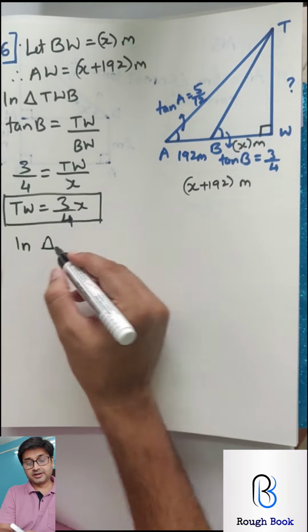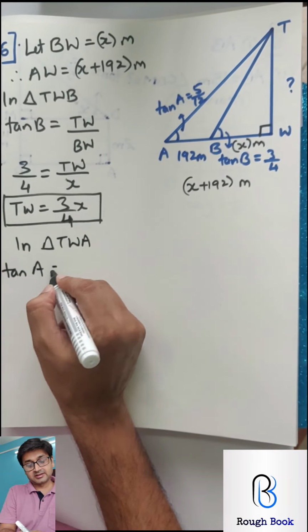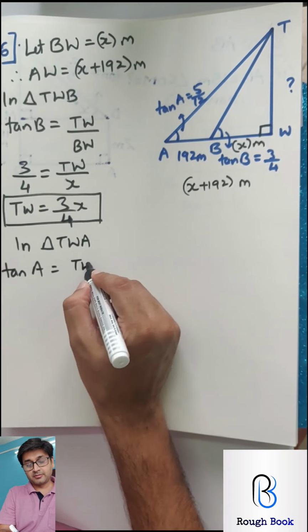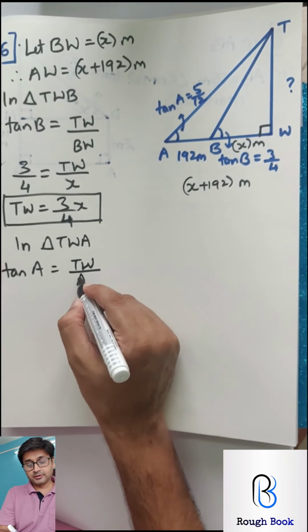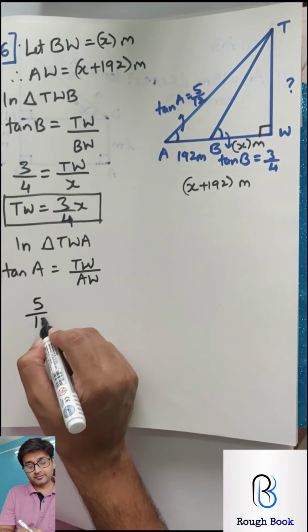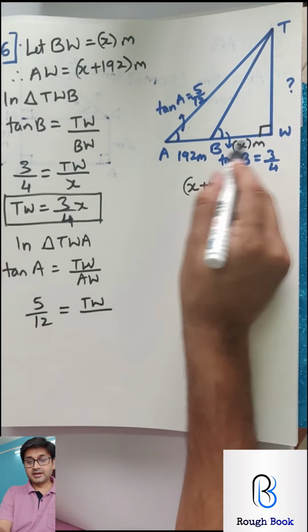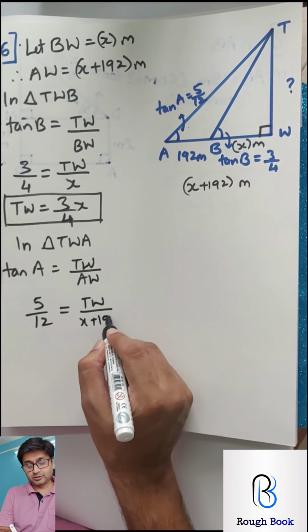In triangle TWA, tan A this time is going to be TW upon AW. So tan A, you know the value 5 by 12, TW we still don't know, and AW is x plus 192.